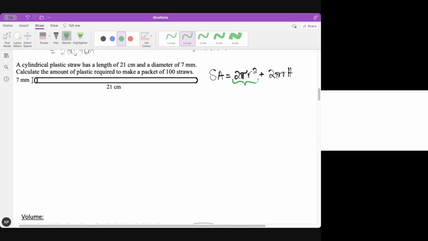You're very quiet, so I'm feeling like you guys are not getting what I mean. Think of an ordinary straw you would have seen anywhere. You just cannot include the circles because there are no circles in a straw. Basically, it's just the outside of the straw.